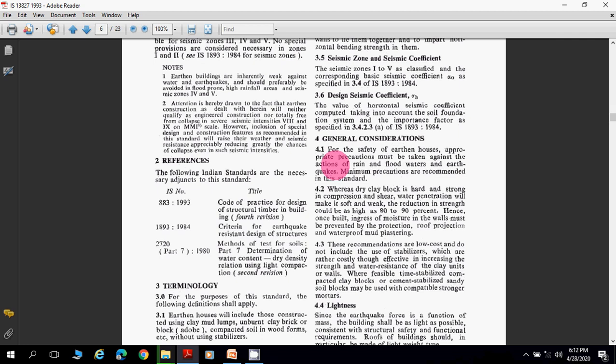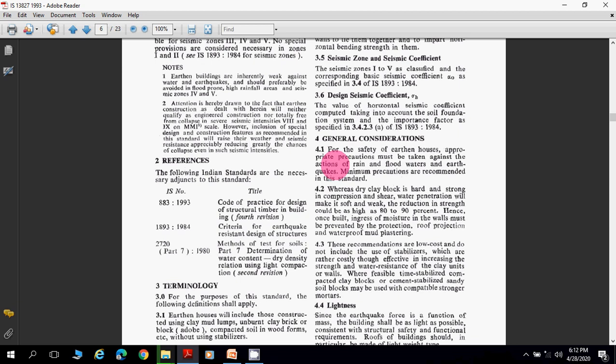There are some general considerations. As the buildings are earthen buildings constructed using earthen materials, precautions should be taken against water penetration and flood water penetration. And from the point of view of earthquakes, minimum precautions are recommended in these standards.